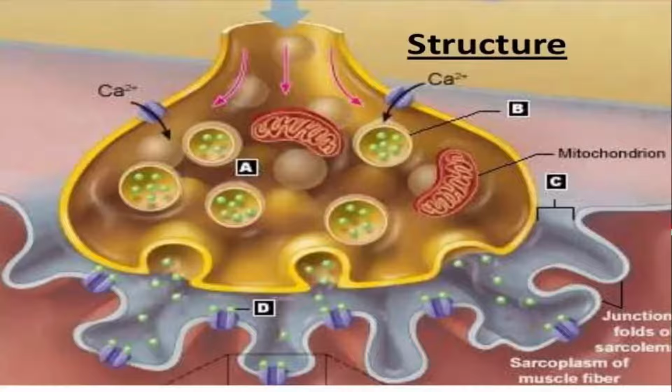We have seen in the postsynaptic membrane, what is present? There is presence of receptors. The number of receptors we have discussed is 15 to 40 million acetylcholine receptors.